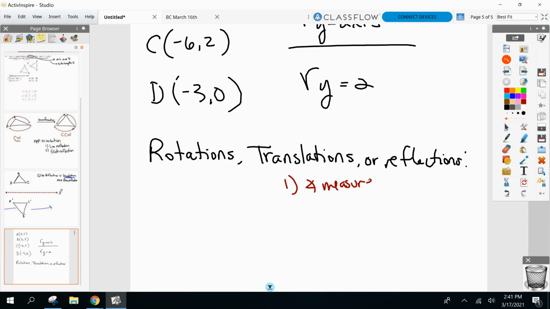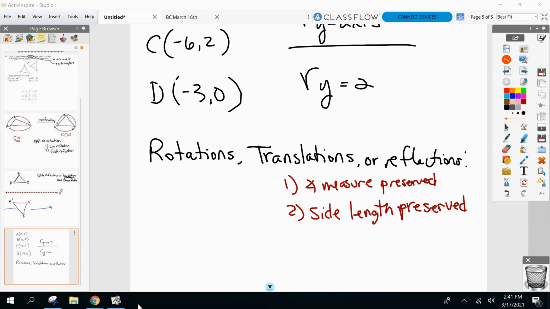So the corresponding angles in the figures are congruent. And side length is preserved. So corresponding sides are congruent. All right, so just keep that in mind. May help you answer a question or two.